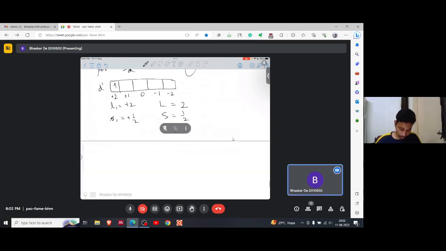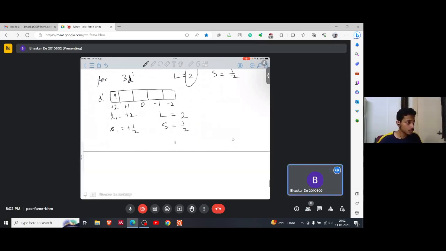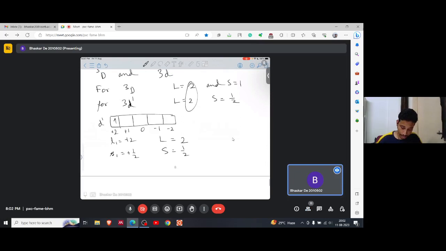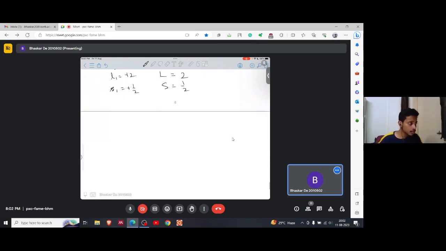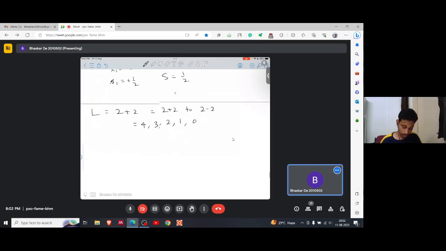Okay, so now what we need to do is add L and S. L equals 2 plus 2, so that will give us 2 plus 2 to 2 minus 2, it will be 4, 3, 2, 1, 0.